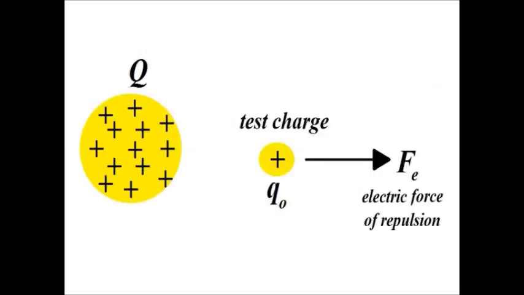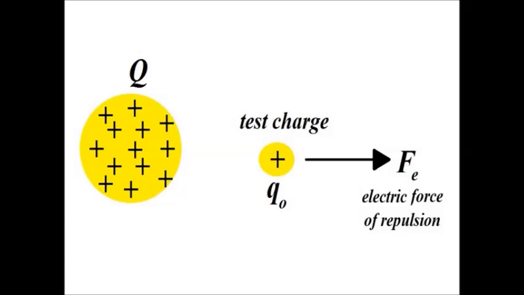So in order to understand electric field, first let us consider a situation in which we have a large positive charge denoted by capital Q, and a small positive charge which we will call a test charge, placed near it.